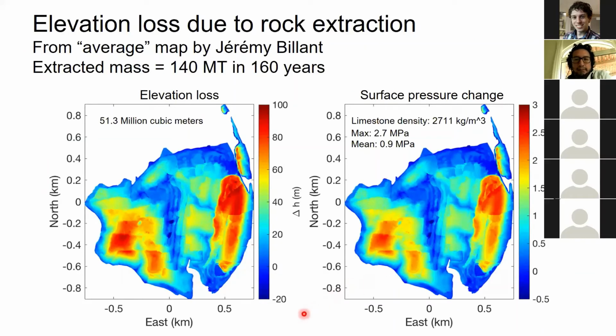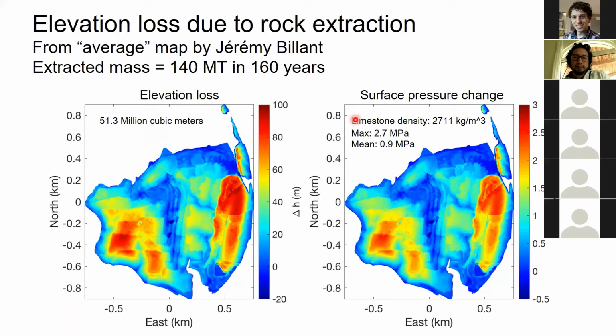So from the surface elevation change estimated by Jérémy, we can compute the surface pressure change by assuming a typical rock density. In our case, it's limestone. This is the value we assumed. As you can see, over a period of 160 years, about 51.3 million cubic meters of rock has been extracted from the quarry.